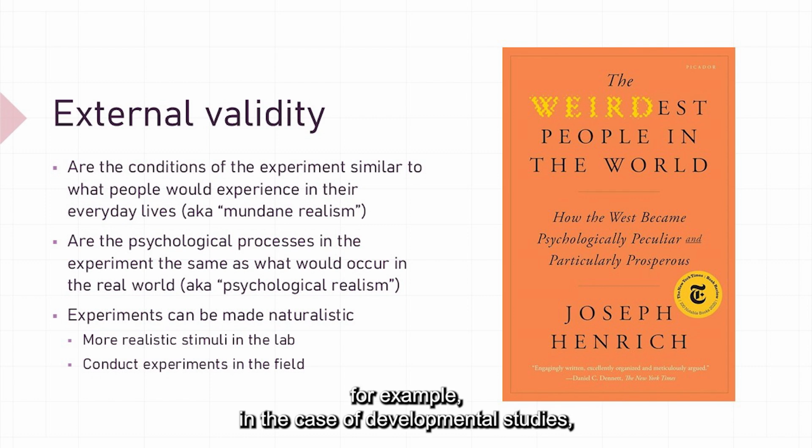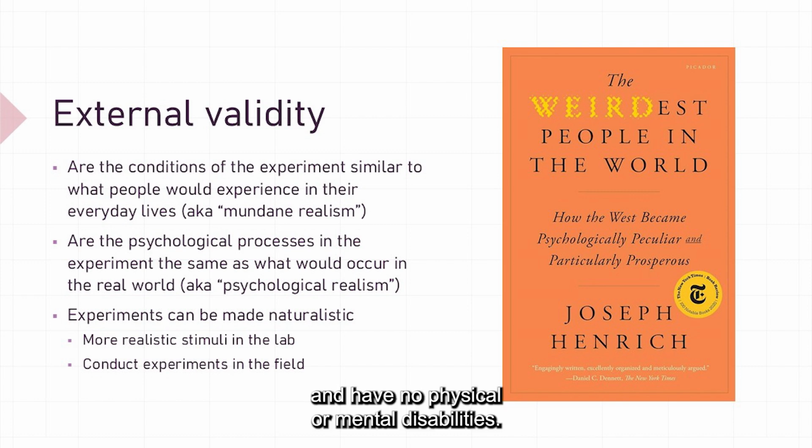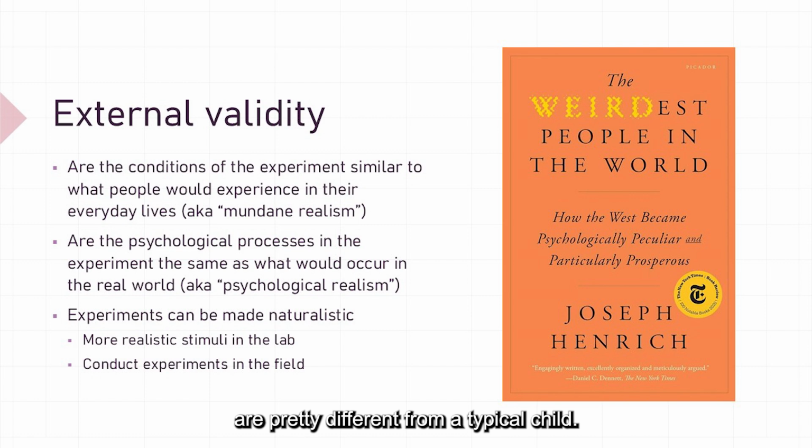For example, in the case of developmental studies, our participants are usually from middle class to upper middle class families, are from the racial and ethnic majority of the country where the study was conducted, and have no physical or mental disabilities. So our typical participants are pretty different from a typical child.